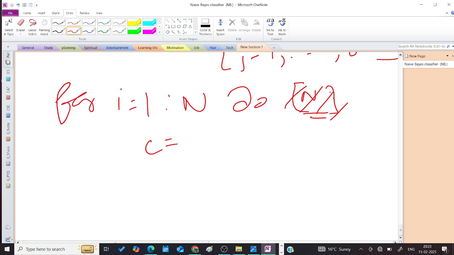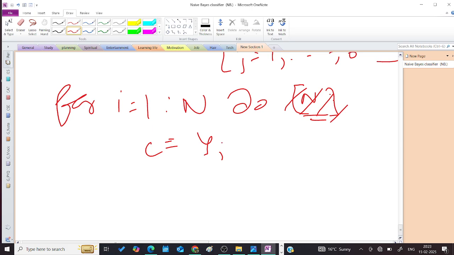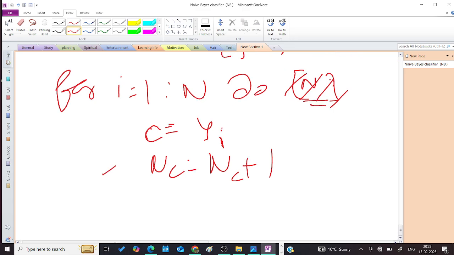Let's set c as y's level and nc equals nc plus 1. So whenever this yi, whatever level it has, there will be an increment in nc.